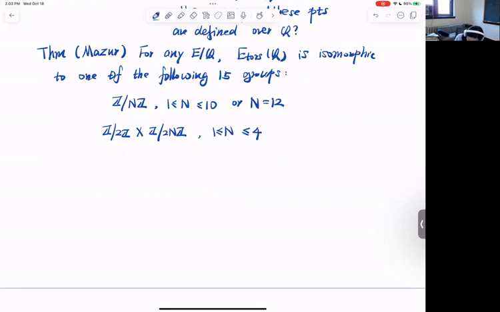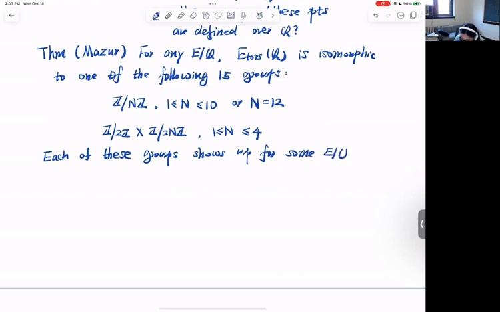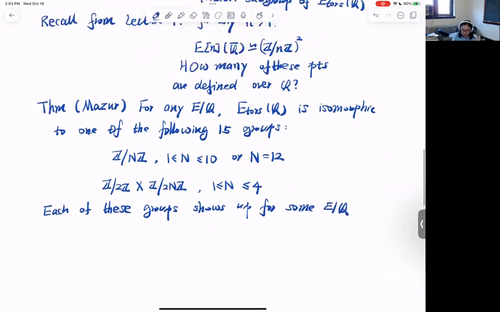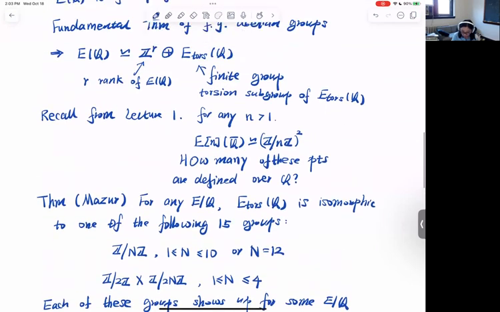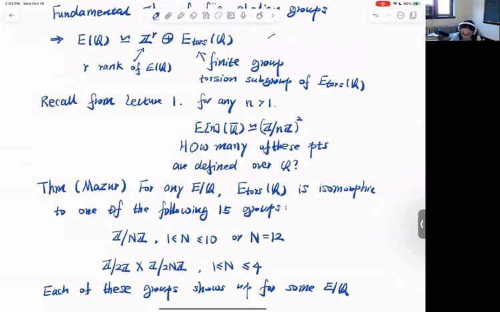And moreover, each of these groups appears for some E over Q. So the set of rational points for an elliptic curve defined over Q has a free part and a torsion part. By the work of Mazur, this torsion part has only 15 possibilities, and all 15 do show up.